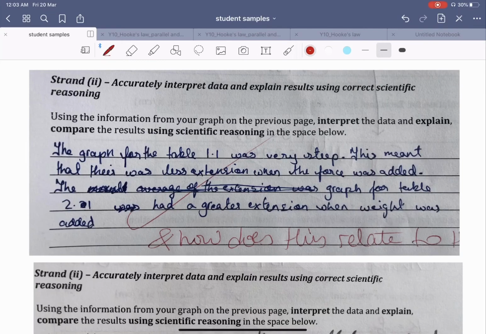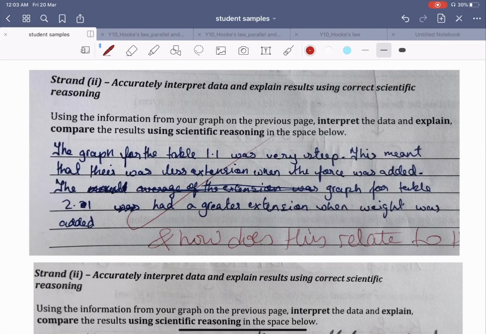We know that the extension is affected by the force and they are directly proportional. So no matter how long your answer is, or how detailed or scientific it is, if you're not hitting the target, then you're not getting the mark.